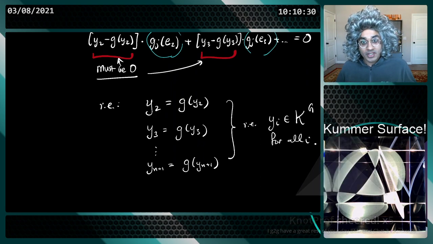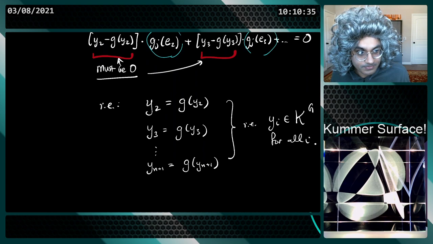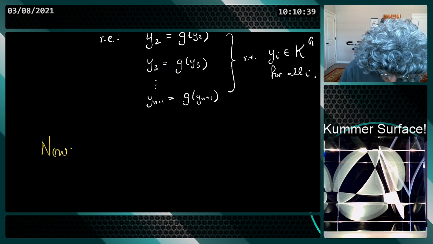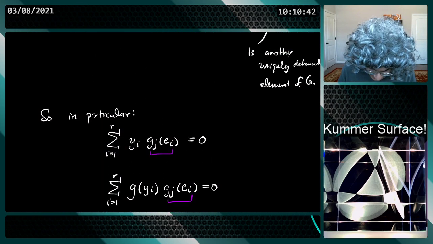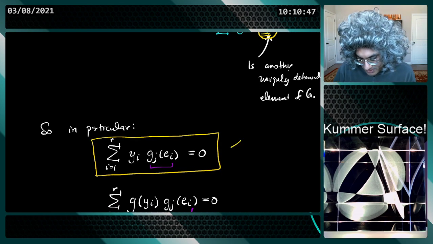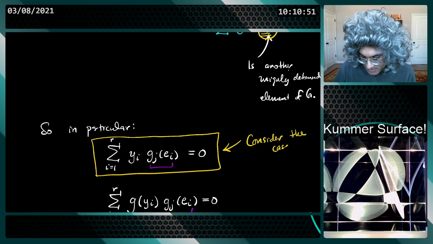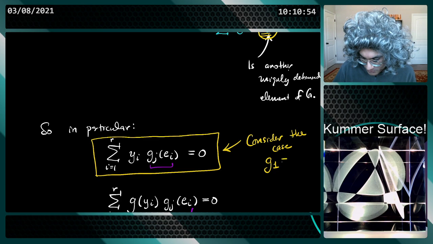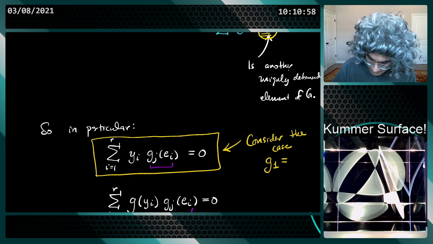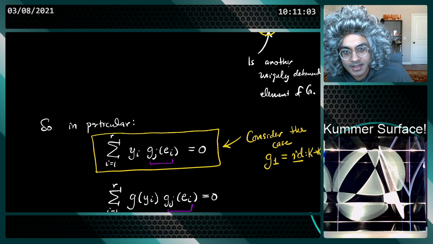All right. So you get the yi's are in the fixed field. But now, go back to our favorite relations and consider the case with g1, which is the identity element in here. What do you get?